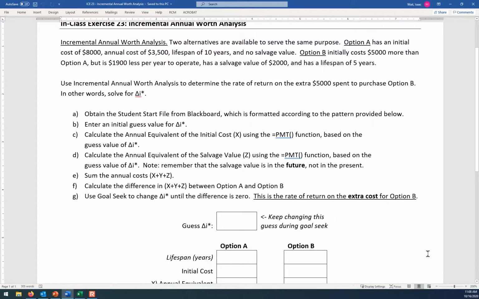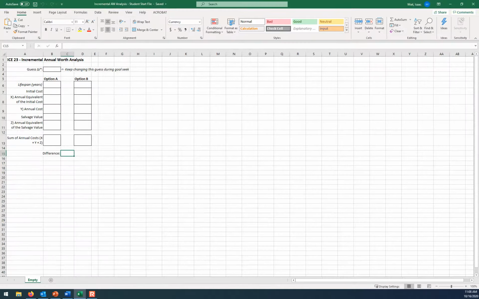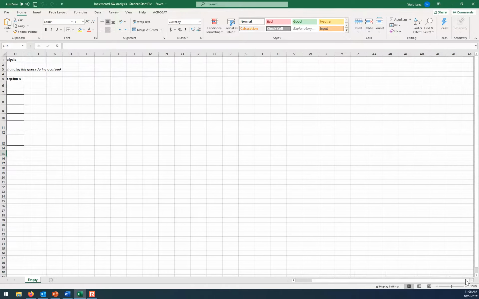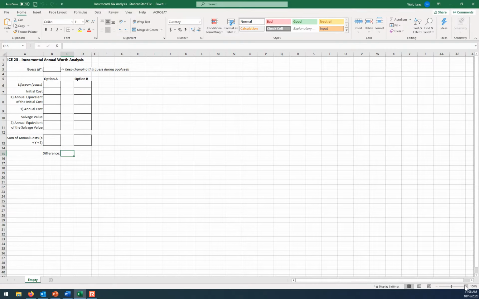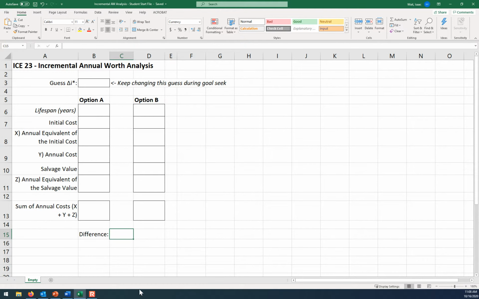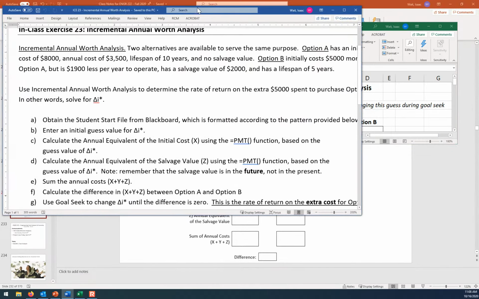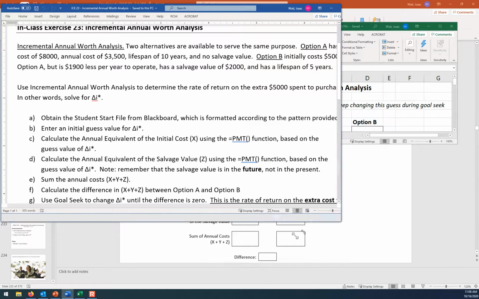We've got option A and option B, and in the calculation method, we start with a guess value for the unknown incremental rate of return. If you've got the template file, you can go to that. Let me see if I can size these windows so that we can see both the in-class exercise and the template file at the same time.